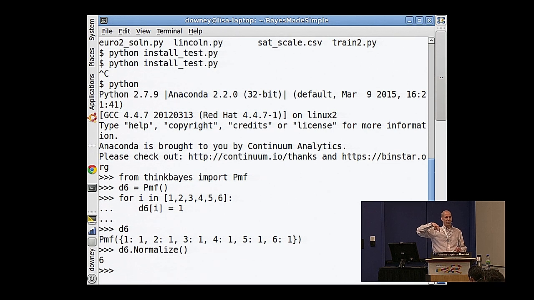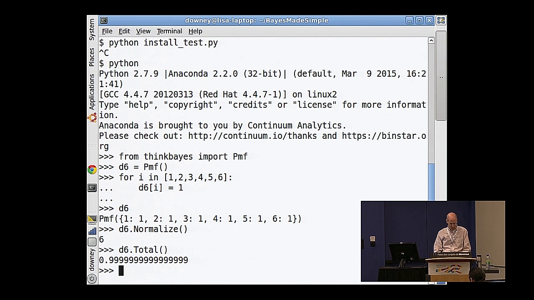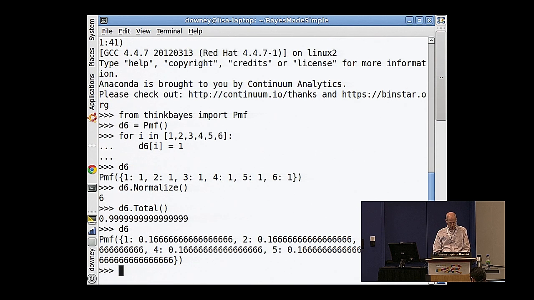The return value from the normalize method is the old total, which was 6. And if I now do d6.total, it should be approximately 1, and it is. Now I've got 6 possible outcomes, and they all have the same probability, which is 1/6, or at least the floating point approximation of 1/6.